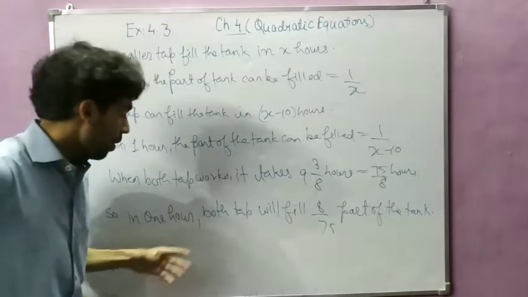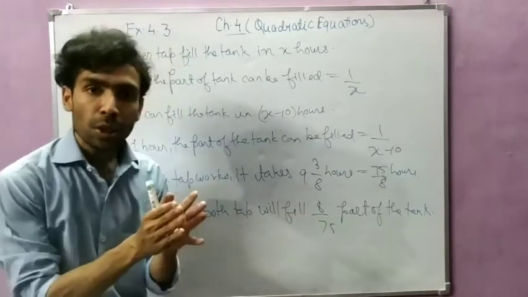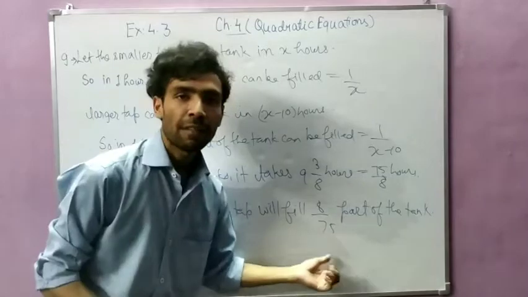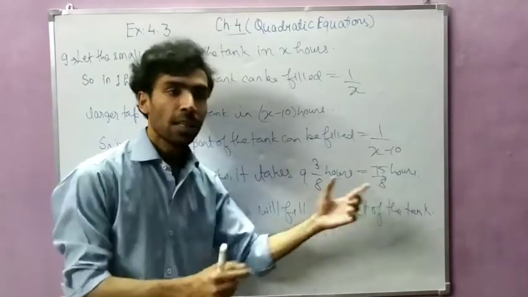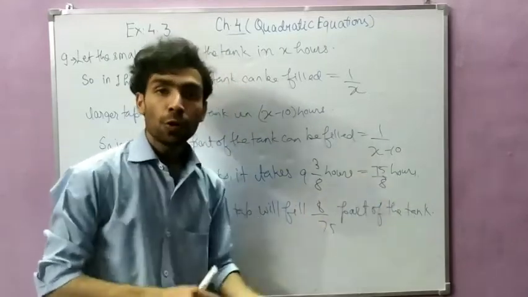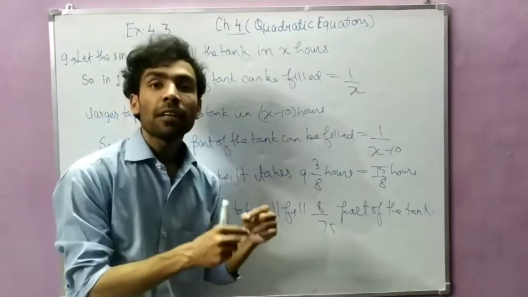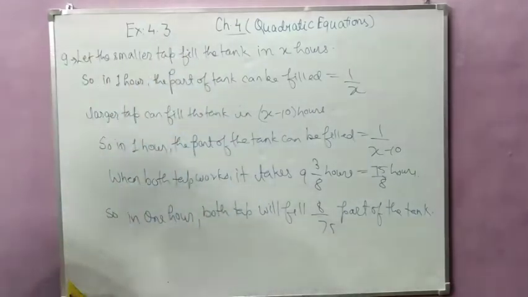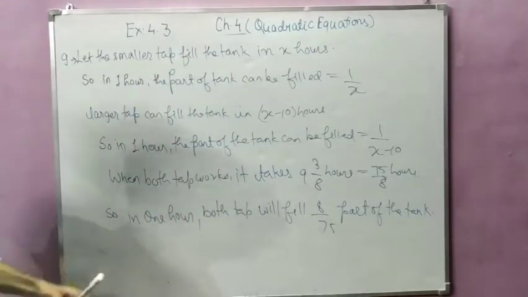Okay, so it is coming when both taps are working for 1 hour, how much part are they filling? 8 by 75, just the reciprocal of that, because one tank can be filled by both taps in 75 by 8. So in 1 hour both taps will fill 8 by 75 part of the tank. Okay, so I hope you have written this.